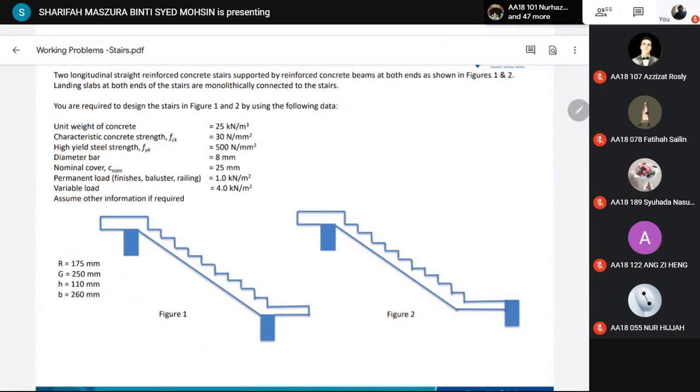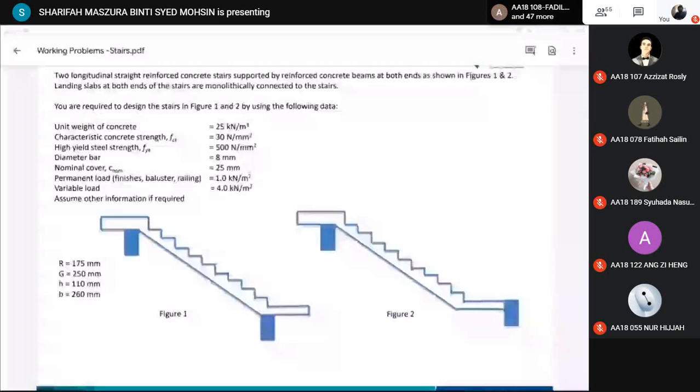Okay, so we're going to design figure 1 here as our tutorial.